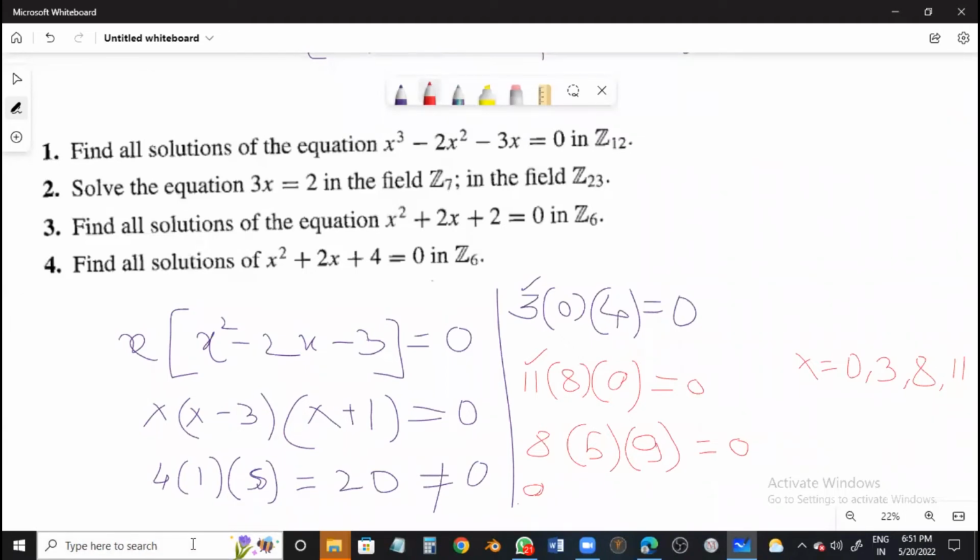9. 9 will it do? 9 into 6. Okay, and 10. Will it do? Yes, surely. 6 twos are 12. Yes, very good. 60 you are getting. Yes, you are right. So x equal to 9 is also one of the answers.